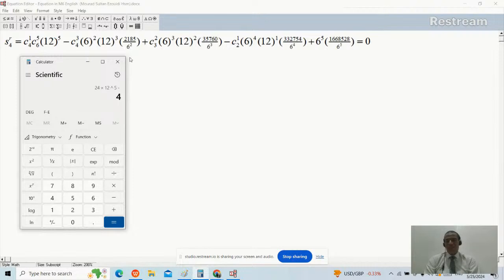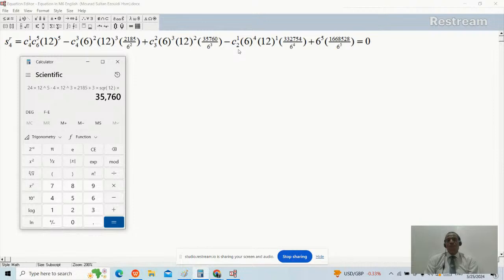Minus 4 times 12 raised to the power 3 times 2185. Then plus 3 times 12 squared times 35,760. I will write 12 squared, which is 144, but I will write it as that, 35,760, times.